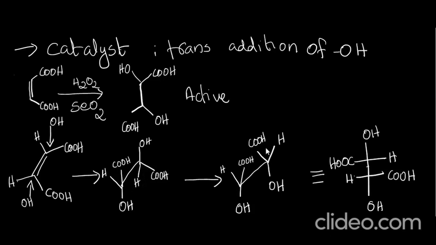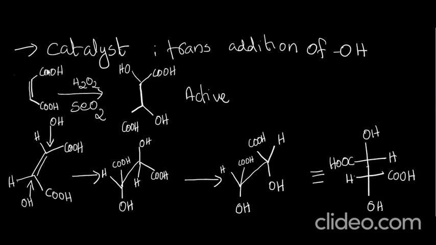When it is converted into the eclipsed configuration by rotating one of the carbon centers in a clockwise manner, we get a compound like this. This is the Sawhorse configuration. When it is converted into the Fischer projection formula, both hydrogens and COOH groups are on opposite sides. That is, the resultant product is an optically active compound.